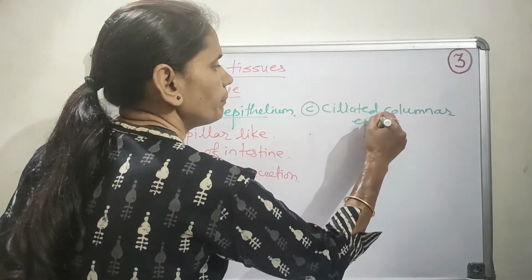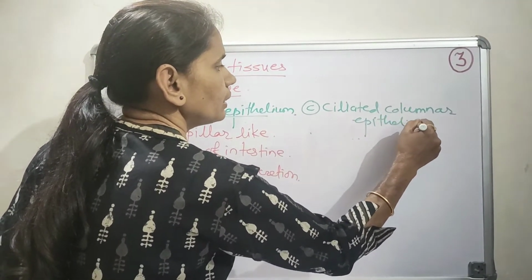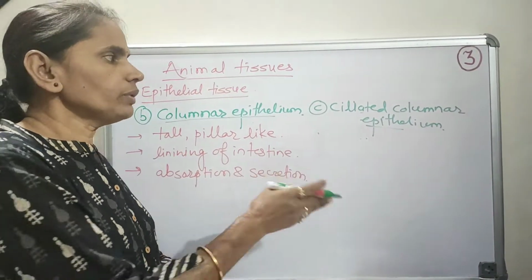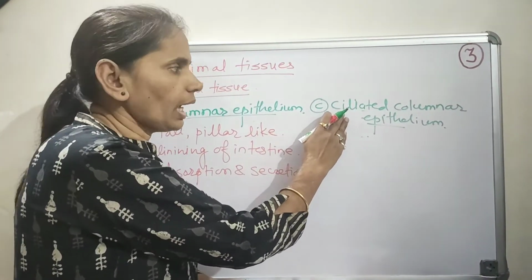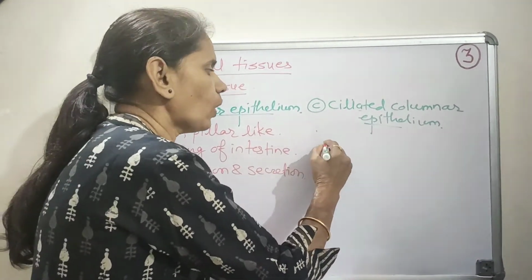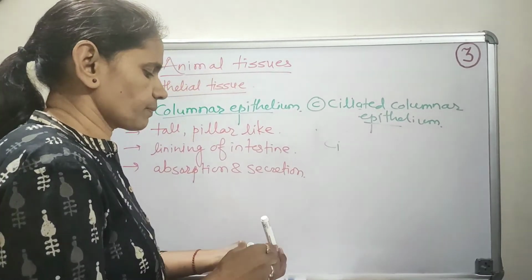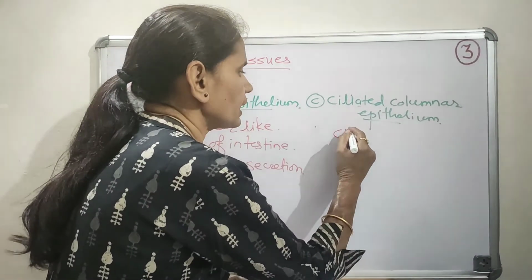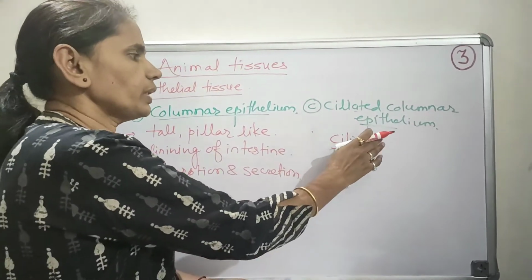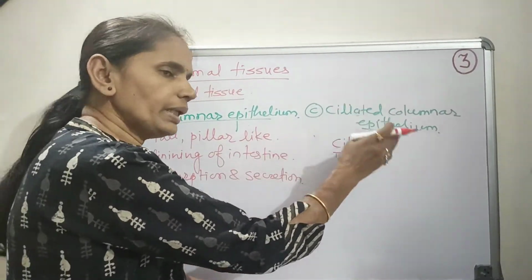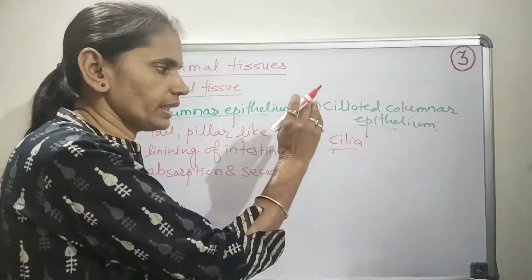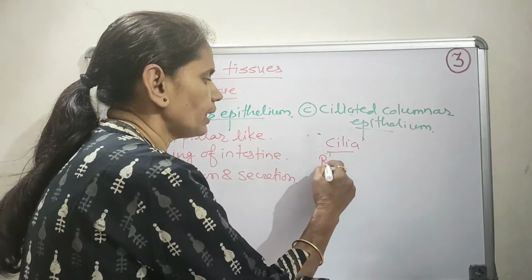In very simple words, it is the columnar epithelium which has hair-like projections called cilia on its outer surface. Here also the cells are tall and pillar-like, but these can be differentiated by the presence of cilia. These are present in the respiratory tract.